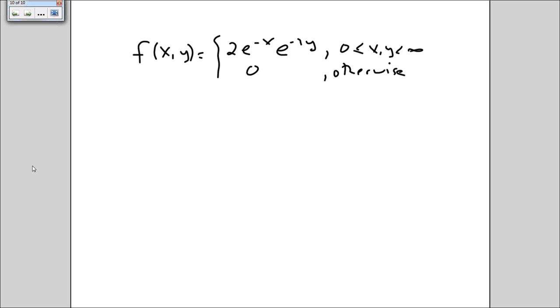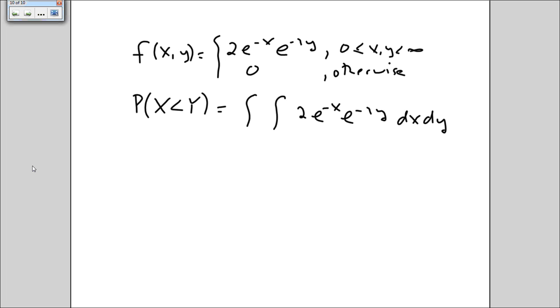Okay. So now, the question is, what is the probability that x is less than y? What is the probability that x is less than y? Well, it's going to be the double integral of the PDF, e to the negative 2y, dx, dy, and it's going to be over x, y's, where x is less than y.